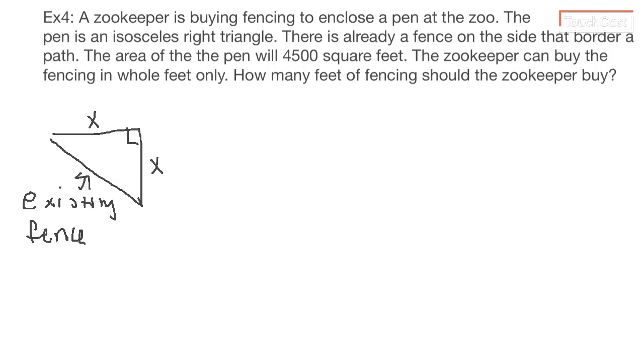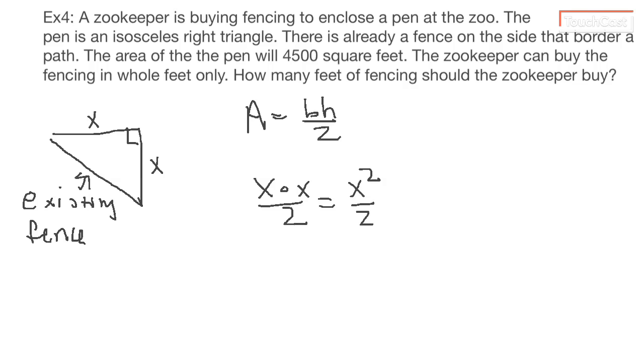Now, there are some things we need to remember. The first is the area of a triangle. The area of a triangle is the base times the height divided by 2. In our triangle, the base and the height are both x. So we're going to have x times x divided by 2, and x times x is the same thing as x squared, so we have x squared divided by 2.